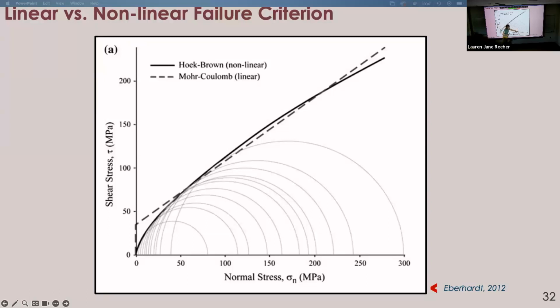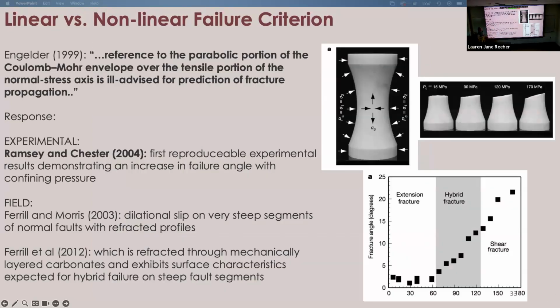This is the basis for the Andersonian idea that every time a rock fails, the failure plane is going to form at 30 degrees from sigma 1, because this angular relationship between the point of failure and the stress environment remains constant. But with a nonlinear failure criteria, you would expect that to systematically change.